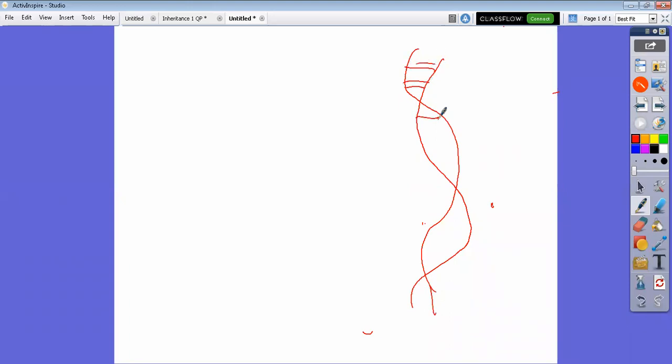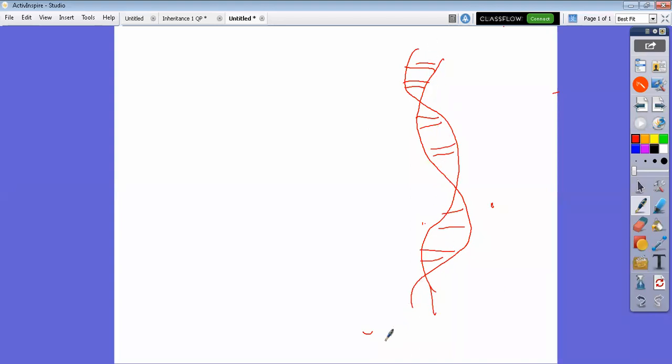Your chromosome is just a long thread of DNA. A chromosome is a long thread-like structure of DNA. Clear?